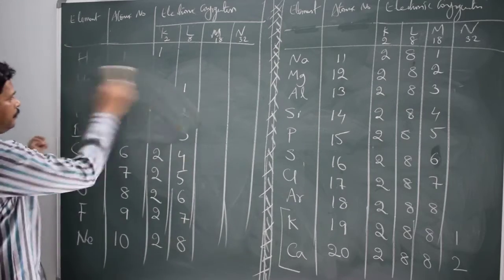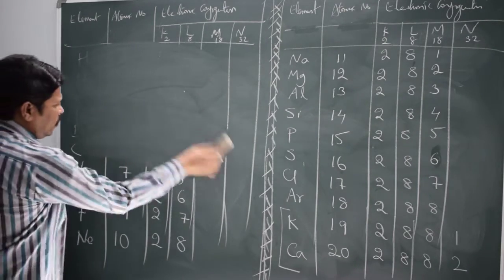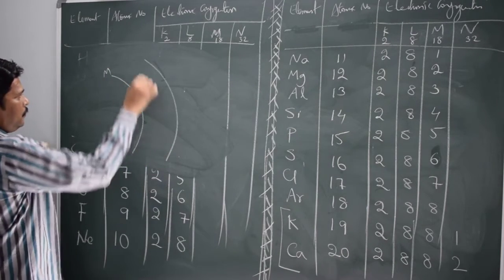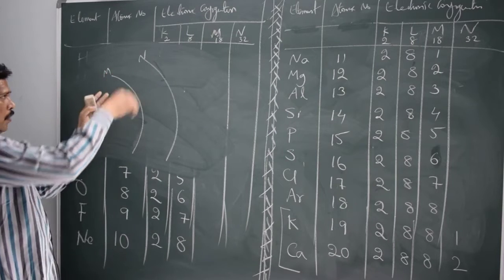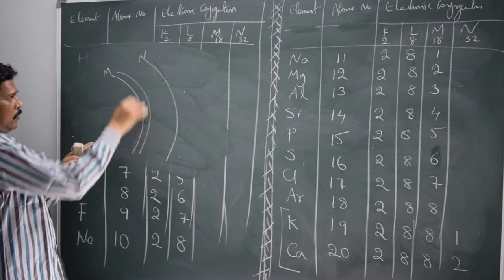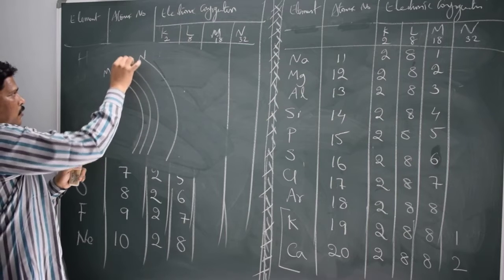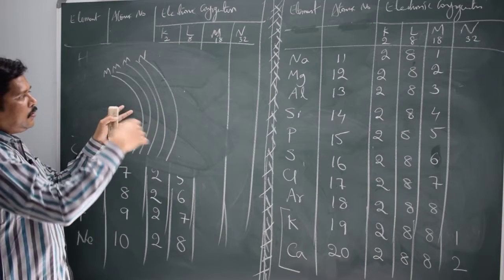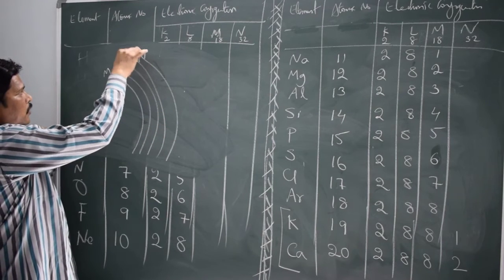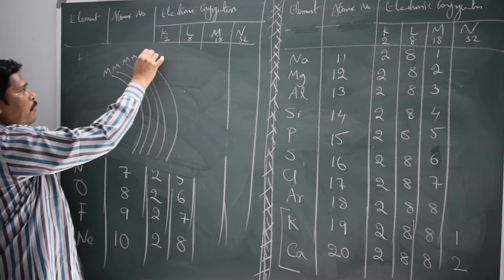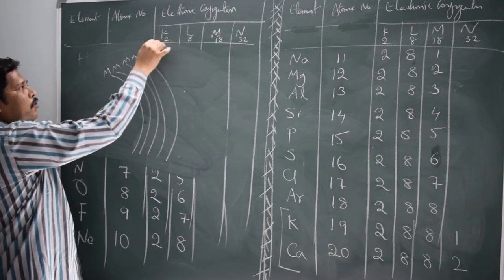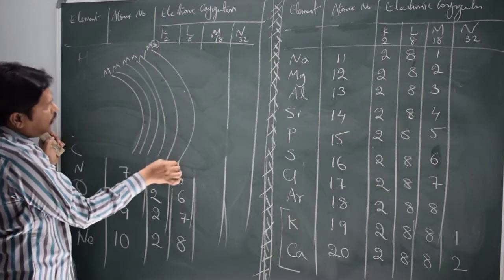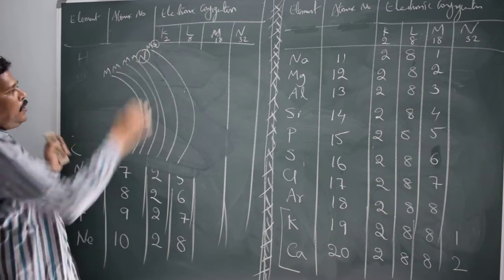I'll rub this part of the board. We'll go with the M shell and N shell. As the number of electrons keeps on increasing in the M shell, the energy of the M shell increases. When the M shell has 8 electrons in the outermost shell, the energy of the M shell will be greater than the N shell.